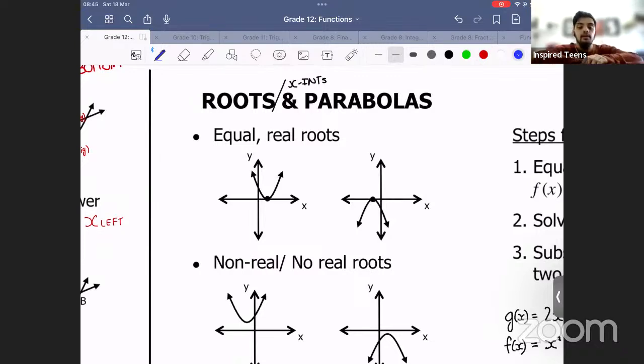The fact that the roots are real means they exist, meaning that the graph does have x-intercepts. When the root is real, it means that the root exists. What is a root? A root is an x-intercept. So it basically means that there is an x-intercept. But when the x-intercepts are equal, that means that the turning point is on the x-axis.